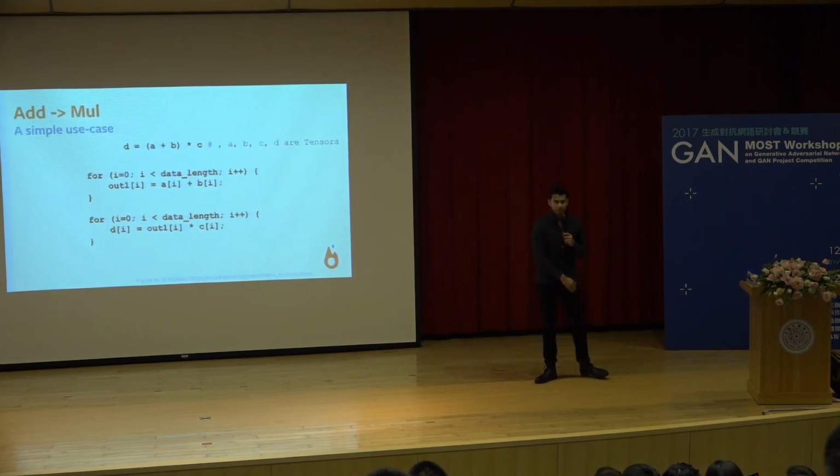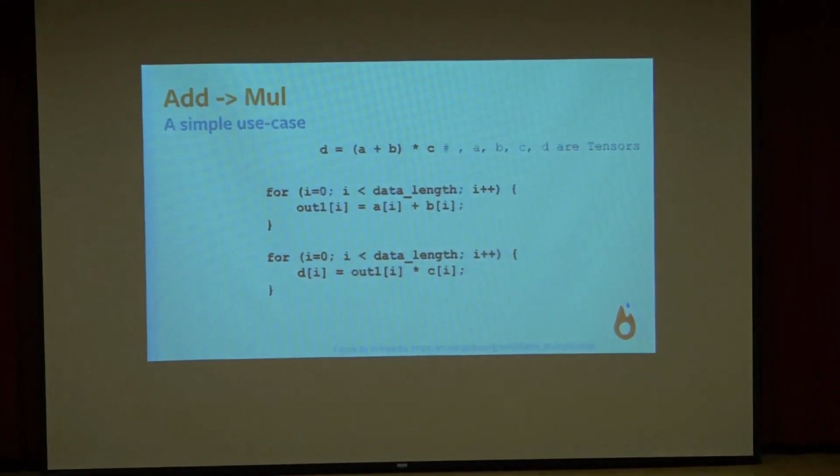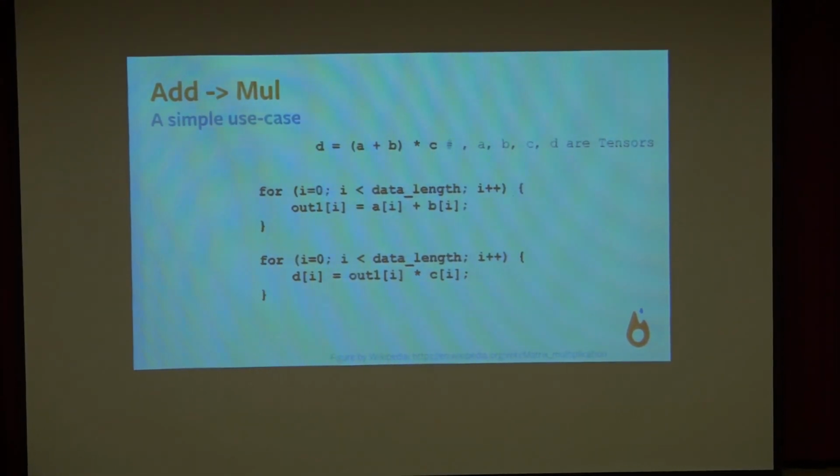If you write it as a NumPy program or a PyTorch program, the actual code that is run is one for loop that first adds A and B, and then the output of that is added to C. This is what you call a bandwidth-bound program, because the speed at which it runs is determined by how fast your system memory is, because the computation being done is just a single addition between A of I and B of I, so it's not actually compute bound.